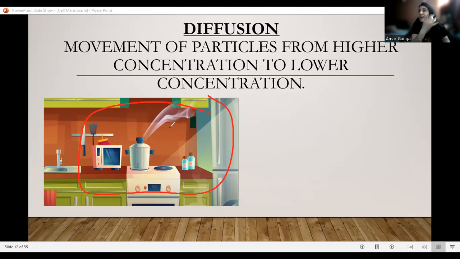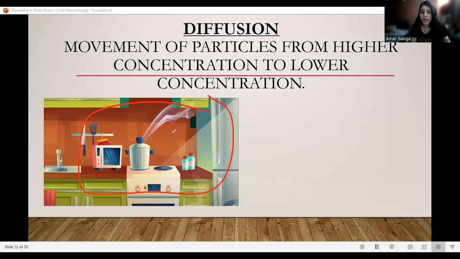If ice cream is in the kitchen and somebody is eating ice cream in the kitchen, you are not able to detect that somebody is eating ice cream, because that food is cool. Particles are not moving, because hot particles move faster in comparison to colder particles.